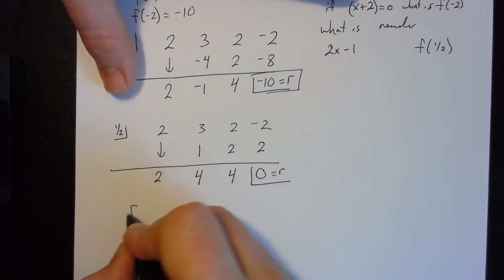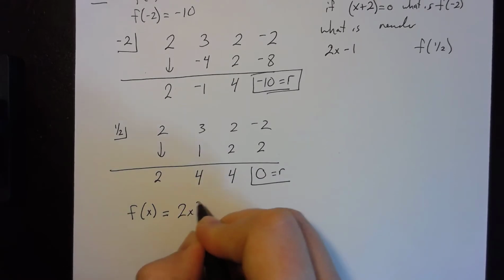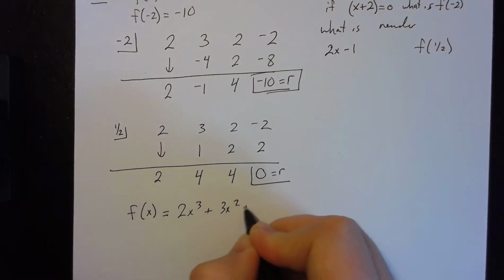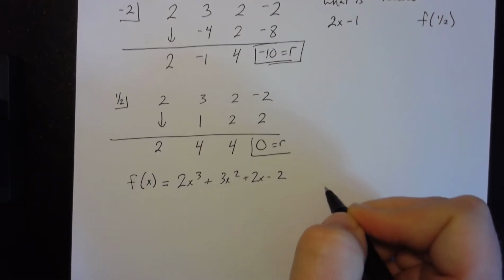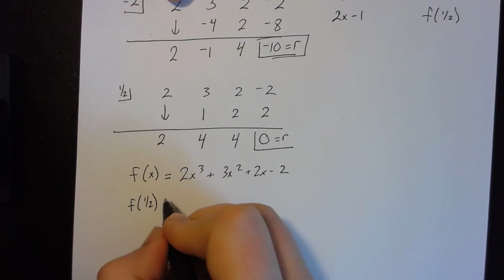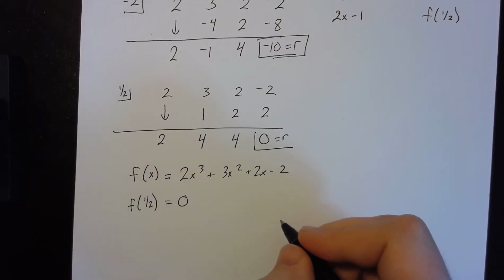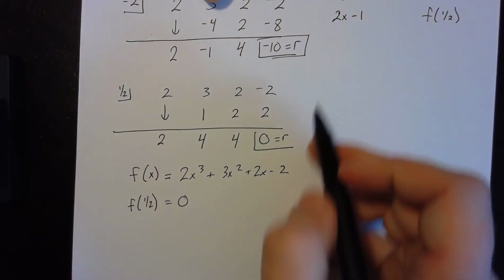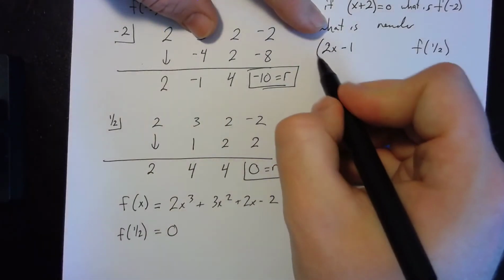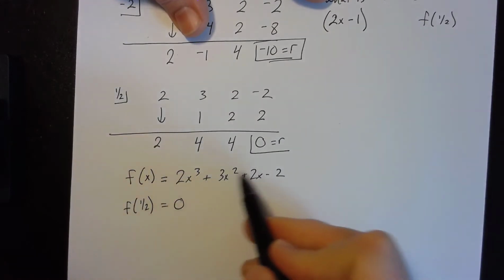Well, that remainder tells me that f of x equals 2x cubed plus 3x squared plus 2x minus 2 has a location at 1/2 where if I plug 1/2 in, I get back a value of 0. Well, what this means is that the 2x minus 1 factor right here is a perfect factor of this polynomial right here.